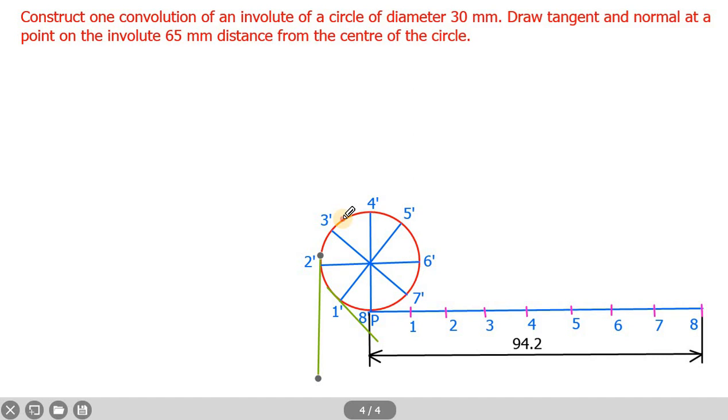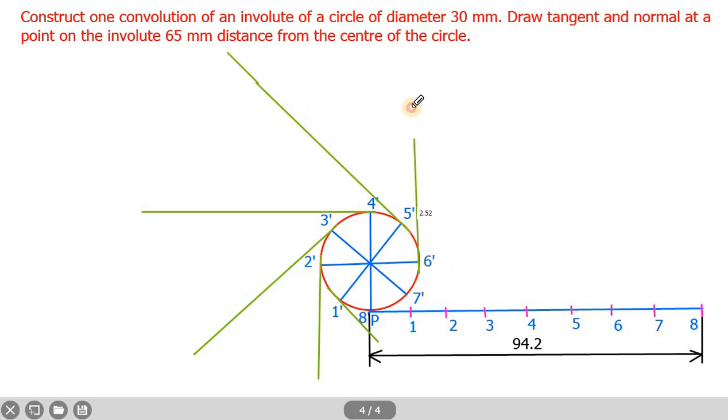Then similarly, through 3 dash, draw a tangent line of particular length. Then through 4 dash, draw a tangent line. Similarly, through 5 dash, it should be exactly a tangent line. Then through 6 dash, like that draw tangents up to 8 dash.